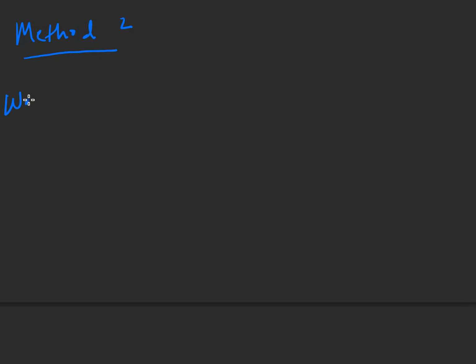The regression function would look like wage equals beta naught plus delta naught female plus delta 1 married.